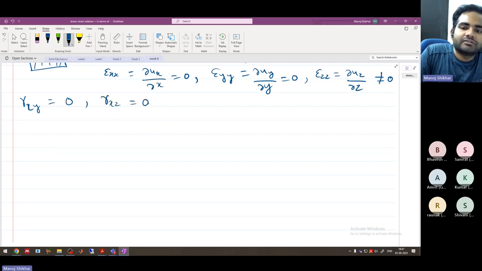Gamma XZ will be 0 because UZ is only a function of Z, and gamma YZ will be 0.